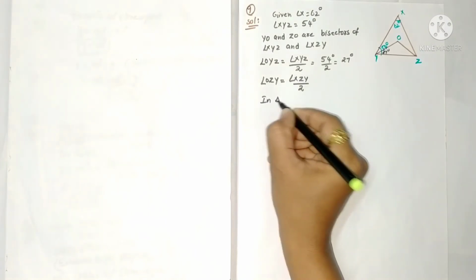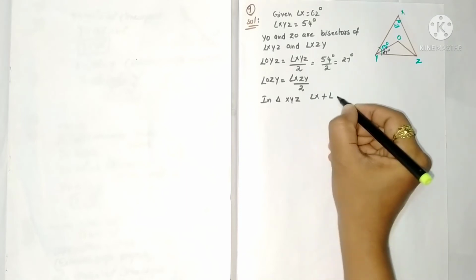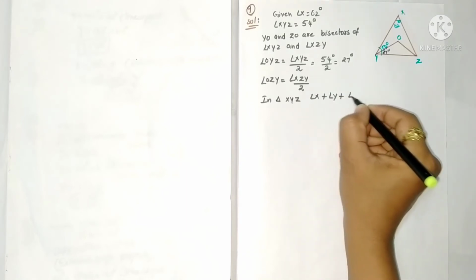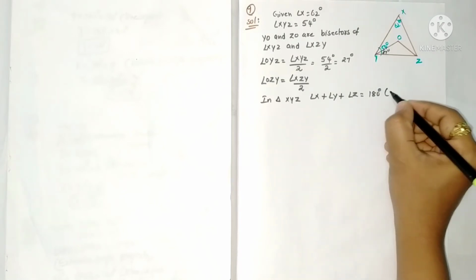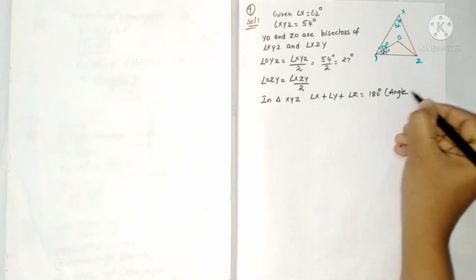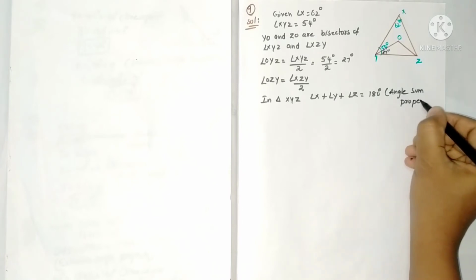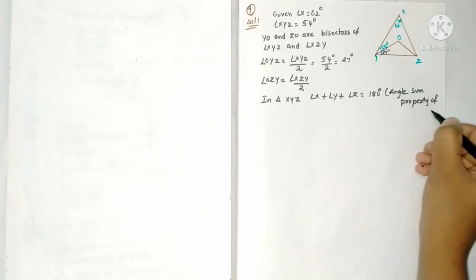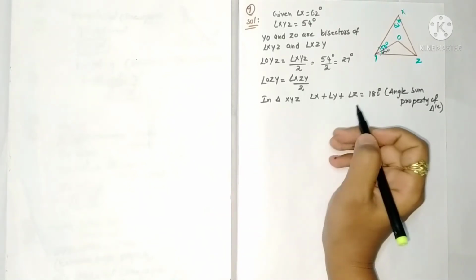In triangle XYZ, angle X plus angle Y plus angle Z equals 180. So how can we say this? This is the angle sum property of triangle. Angle Z means angle XZY.